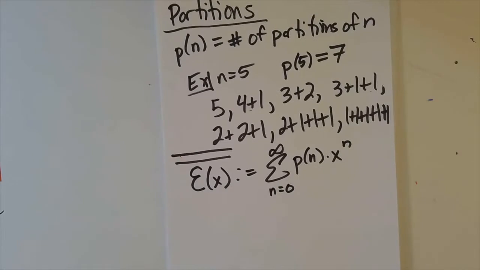Okay, so this sort of lines up very cleanly with the sorts of things we've been doing. In fact, if you want, you could think of a partition as making change for n cents, except instead of just having pennies and nickels, you have 1-cent coins, 2-cent coins, 3-cent coins, 4-cent coins.